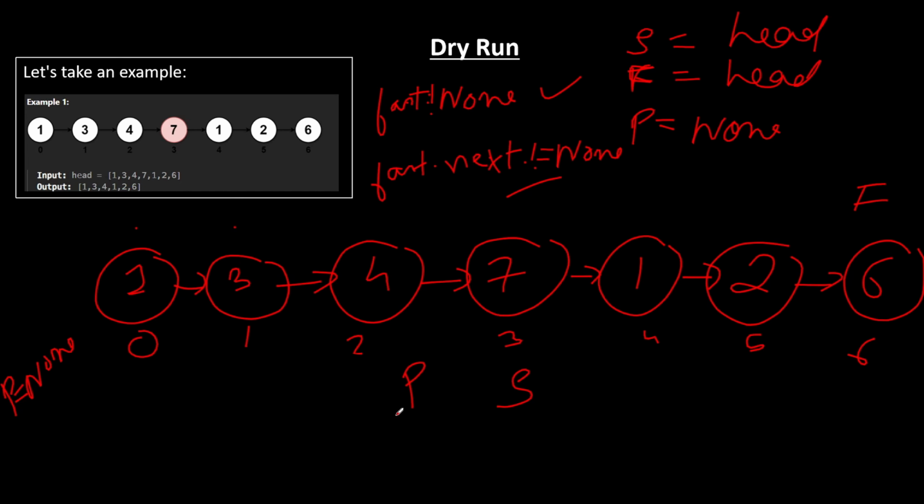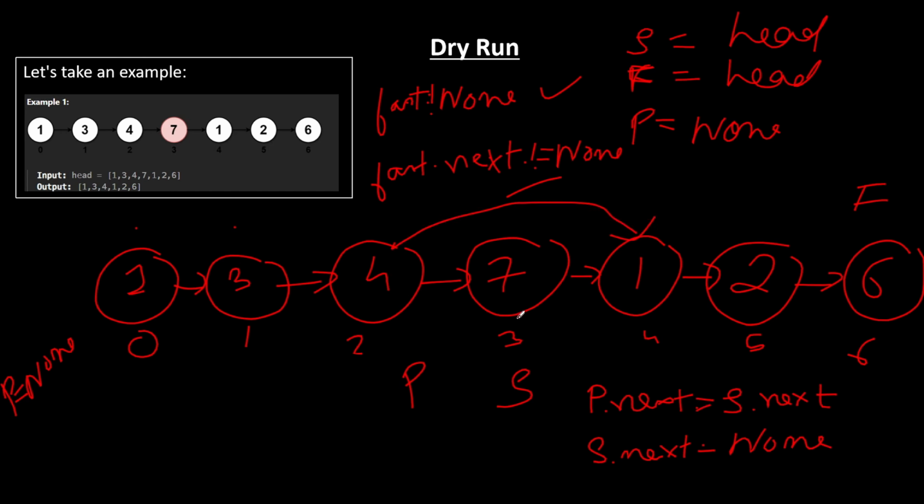So we come out of the loop, and what we did there, if you remember, I wrote previous dot next equals slow dot next, and slow dot next equals none. Fine. So if we follow the steps I wrote here, previous dot next points to slow dot next.